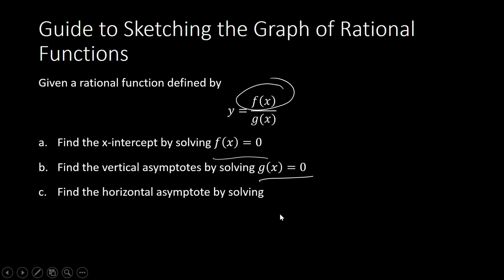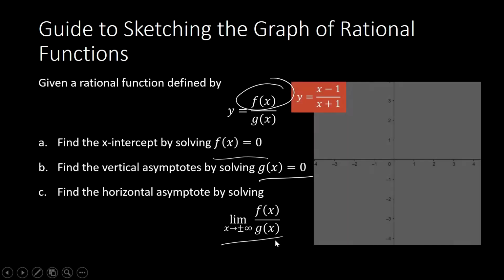We will look for the horizontal asymptote by looking for the limit of our rational function. But because we already have the theorem, we don't have to always evaluate the limit of the rational function as x approaches infinity. We can just use our theorems.